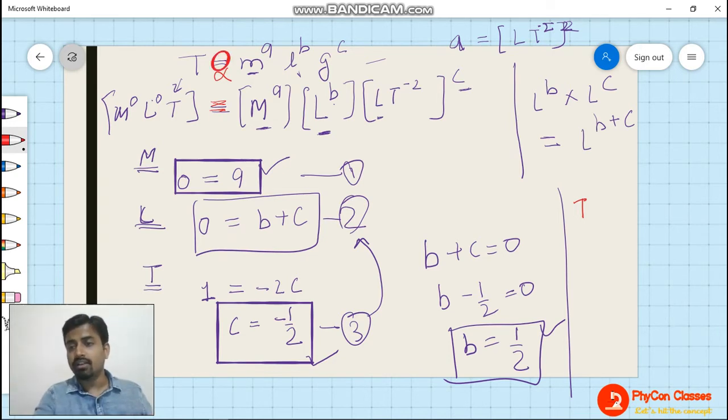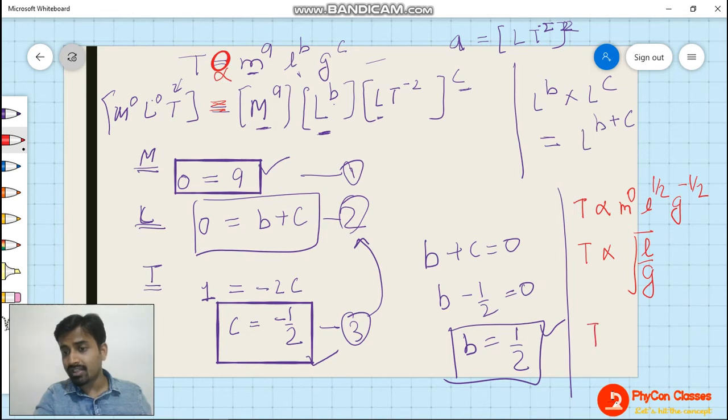Fine. So T will be proportional to m to the power of a, that is m to the power of 0, L to the power of b, b means 1 by 2, and g to the power of minus 1 by 2. That means m can be eliminated, and T is proportional to L by g, and we can keep it under the root.